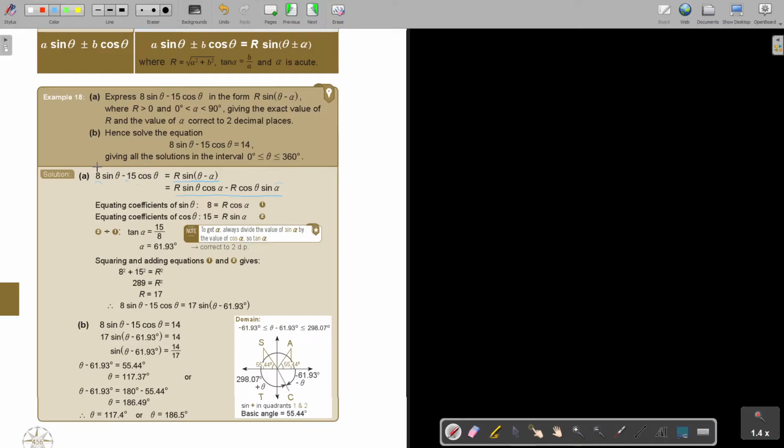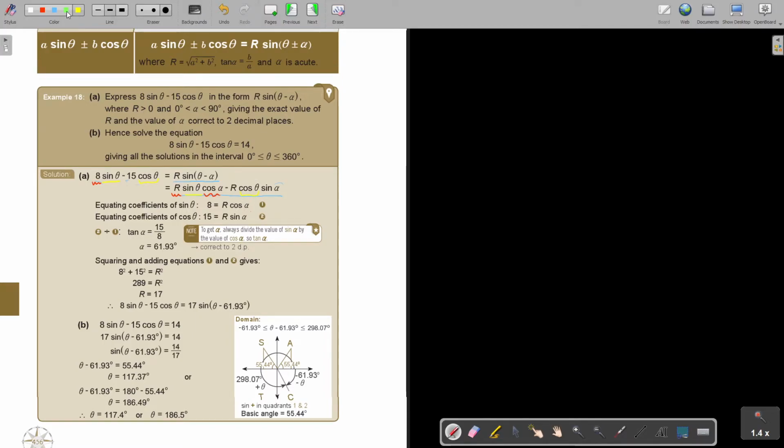So basically, I was just looking, just like I showed you, there's the sin theta, there's the sin theta. So basically, I can say 8 is equal to r cos alpha. Okay, and then the next one, I want to show you the cos here also.